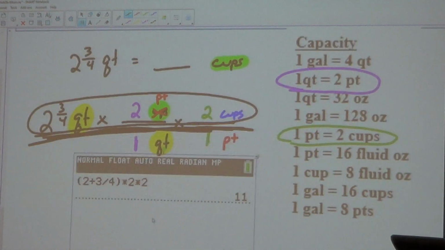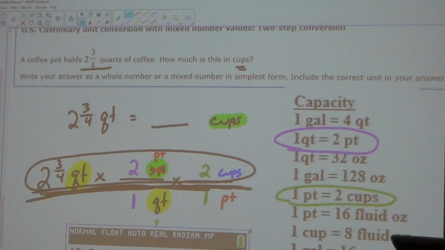Now, quarts cancels with quarts because one's on the top and one's on the bottom. Pints cancels with pints because one's on the top and one's on the bottom. So cups is my final unit, which is what I wanted. So this is a double something-something, and we only have to do that if we can't find the two words written in a single sentence.